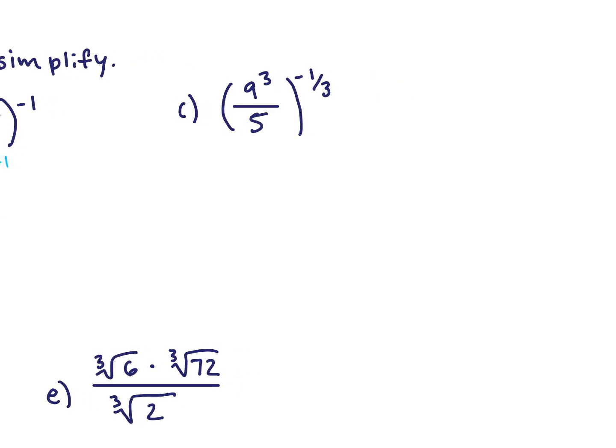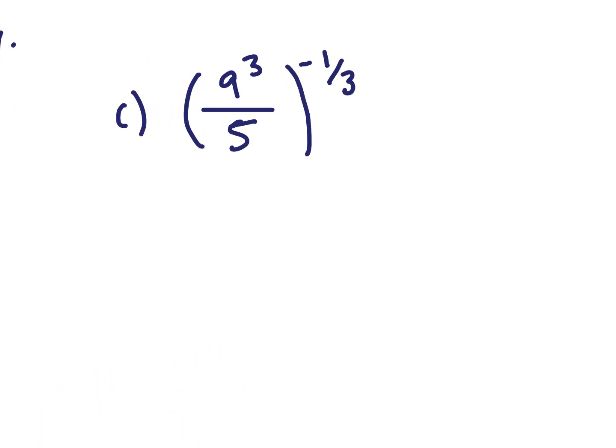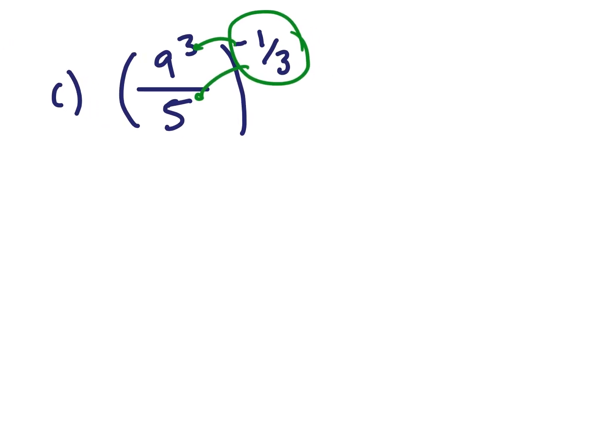All right, for C. What should we do first for C? Distribute. We want to distribute the exponent to both things inside. We can't combine the numbers together inside because they don't have the same base. So we want to distribute the exponent.